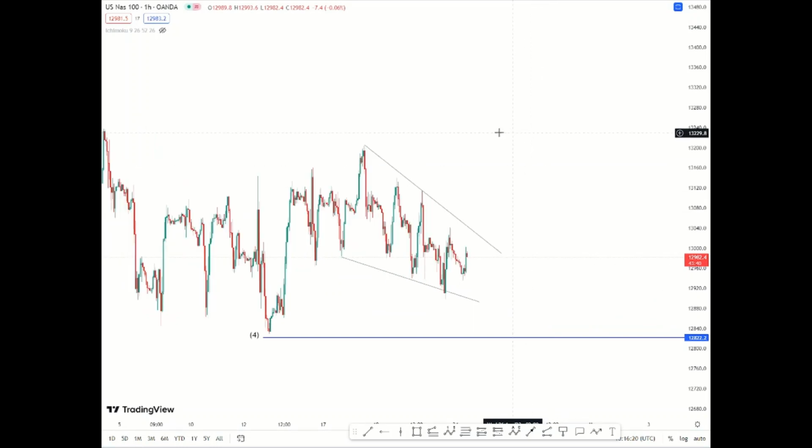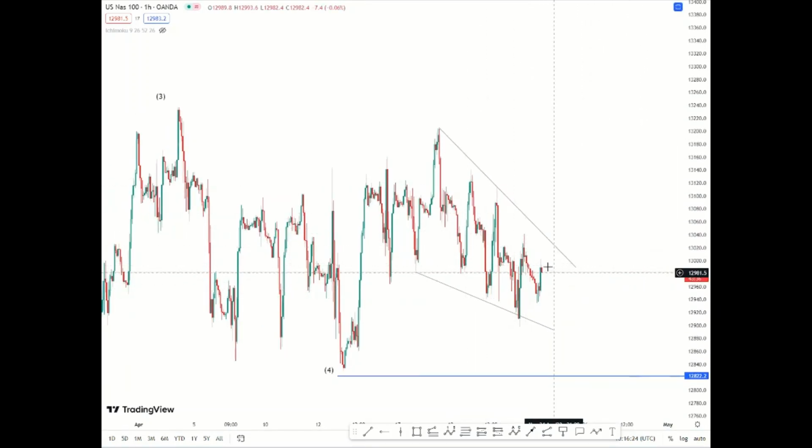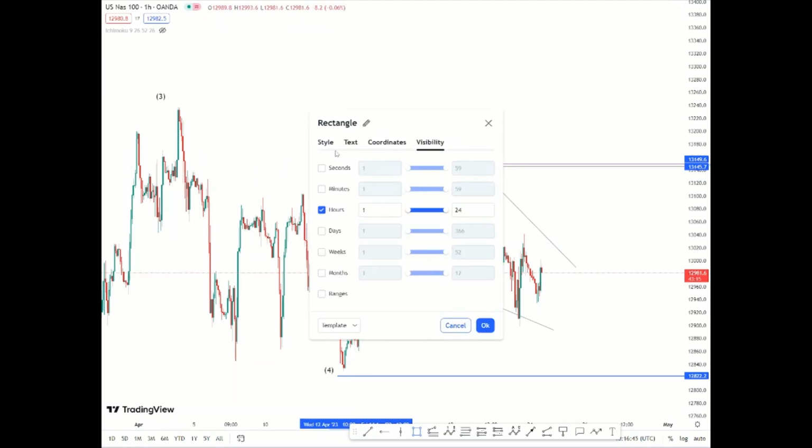Yeah, I think it's going to be this, but it is not confirmed until we break this line over here, and then we're going to be great, because over here, first of all, we did break the structure over here. This was our high, first of all, this was our high that we wanted to have, and then, okay, let me do this. Let me not extend it.